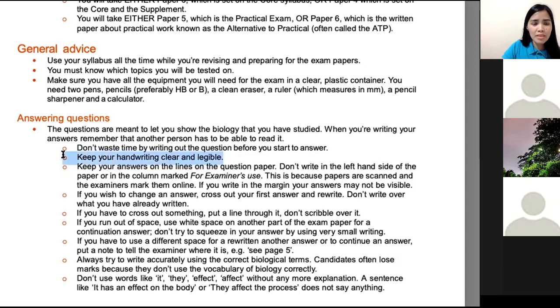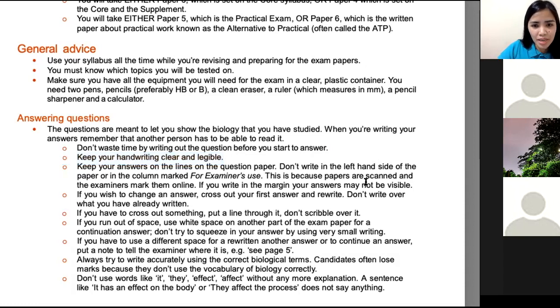I will be the one checking your papers, although most of the questions will probably be on Google Forms, which is actually good. But for paper 6, especially, we will be using literal papers. So please make your handwriting clear and legible.